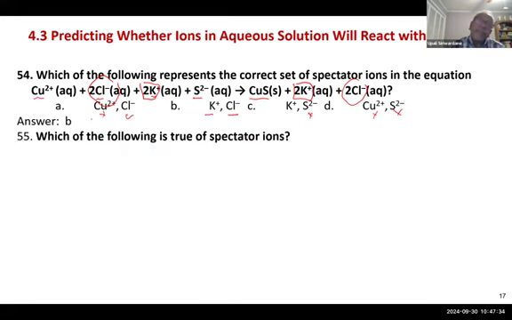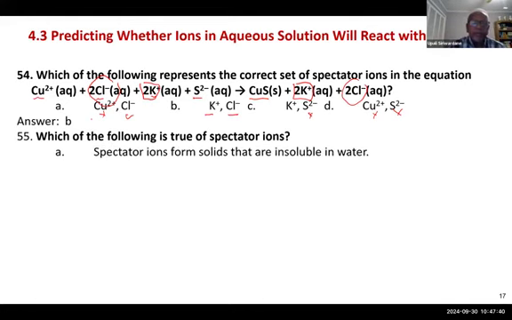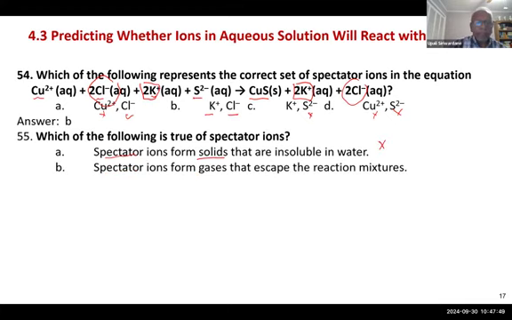Which of the following is true for spectator ions? Spectator ion forms solids, which is not true. Spectator ion forms gases that escape, we didn't talk about it.